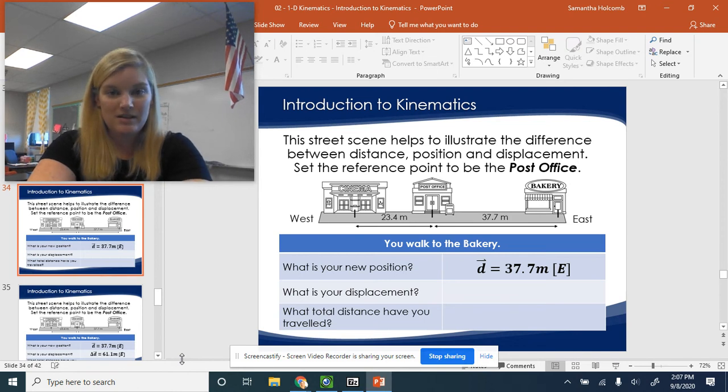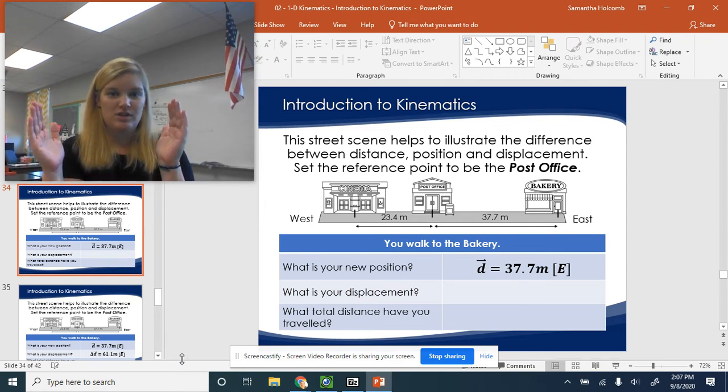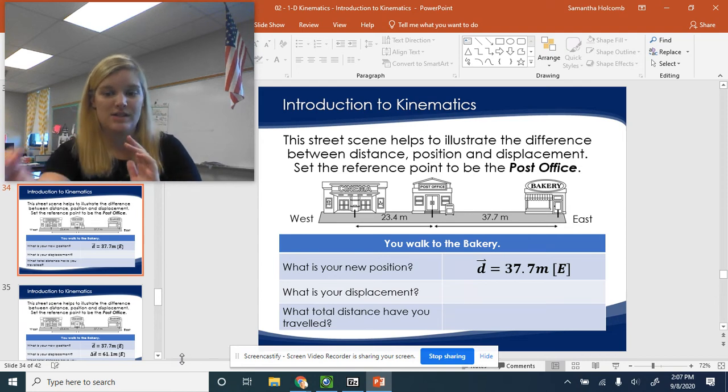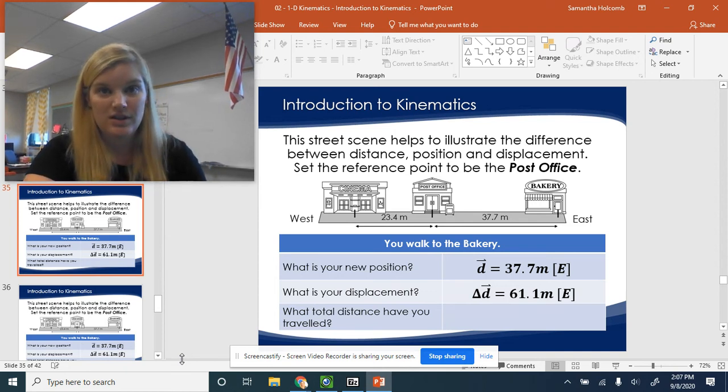Our displacement, or how far we are from where we started, is actually going to be the distance from the cinema to the bakery, which is that 23.4 plus that 37.7. So our displacement is 61.6 meters east. And again, because we have the direction on our displacement, we are putting that top hat on it, and we care about what direction we've totally traveled.